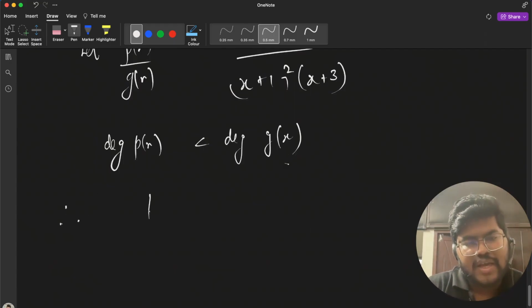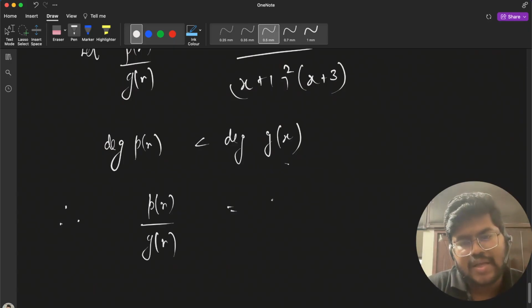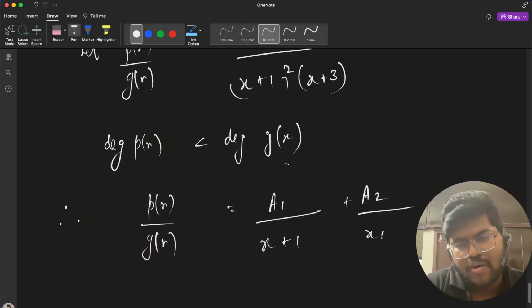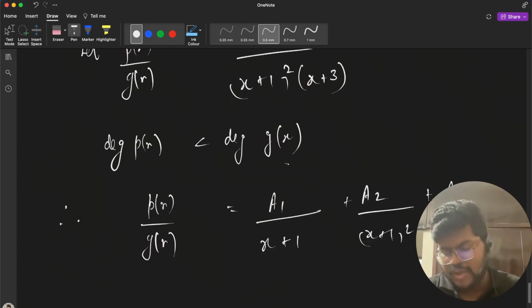Therefore, we can write p(x) upon g(x) as a1 upon (x plus 1) plus a2 upon (x plus 1) square plus a3 upon (x plus 3).